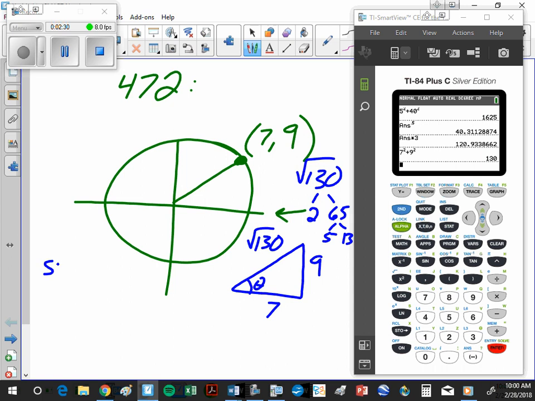So now, what is the sine of theta? 9 over the square root of 130, but I can't leave 130 on the bottom. So 9 root 130 over 130. Okay, what would the cosine be?